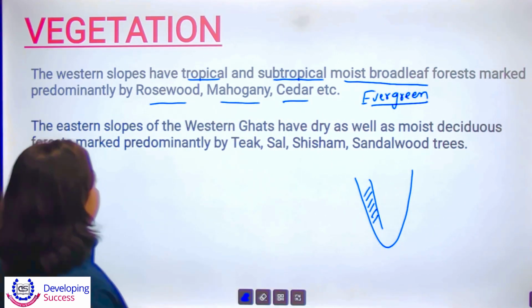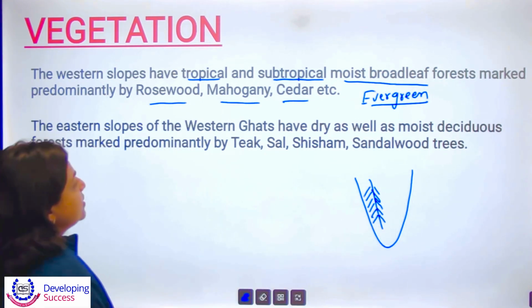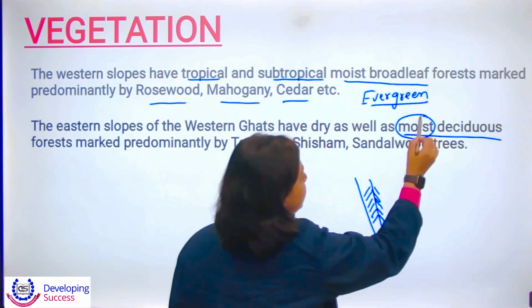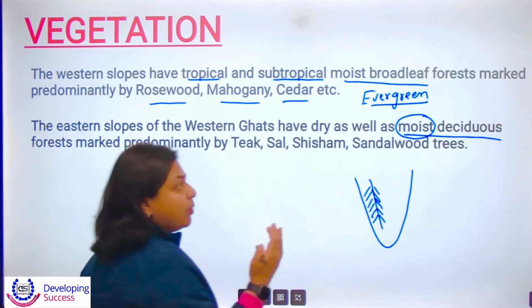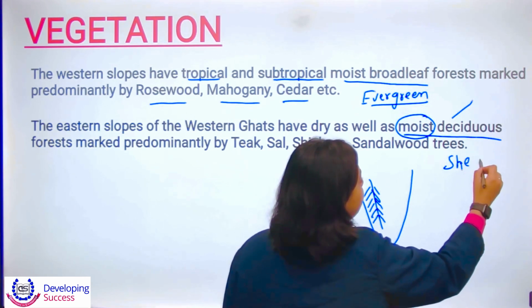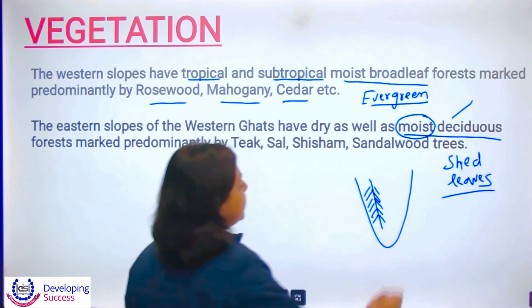Next, on the eastern slopes of the Western Ghats, we have moist deciduous forest. They are moist, with 150 centimeters of rainfall, but they are deciduous. It means they will shed their leaves in a particular season, and that is why they are called deciduous.